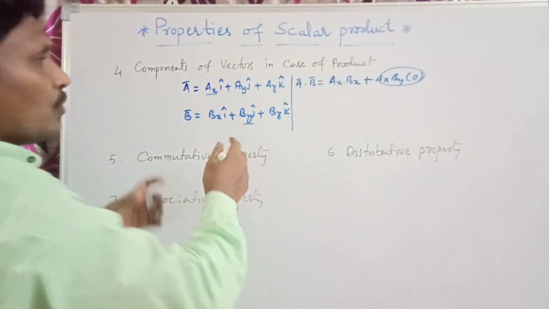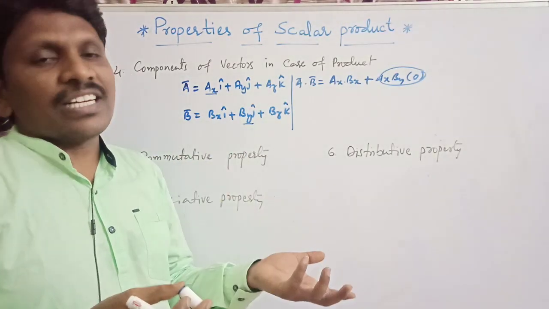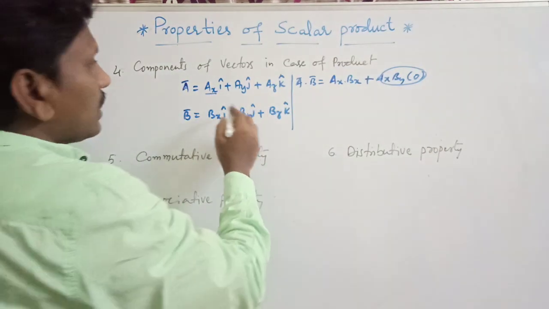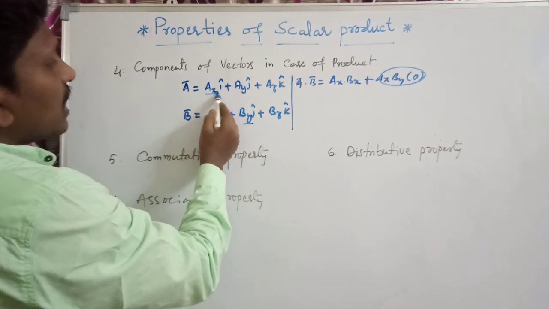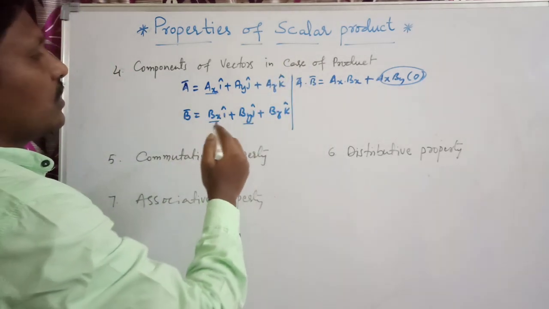We know that the dot product of different unit vectors gives 0, while the dot product of the same unit vectors gives 1, or unity.